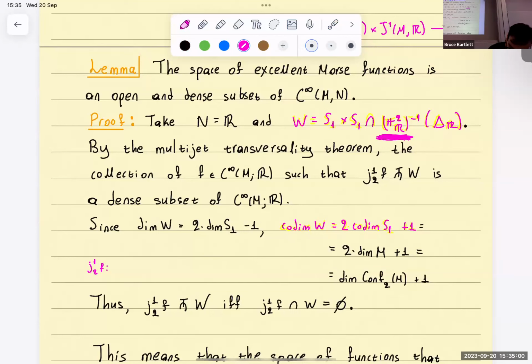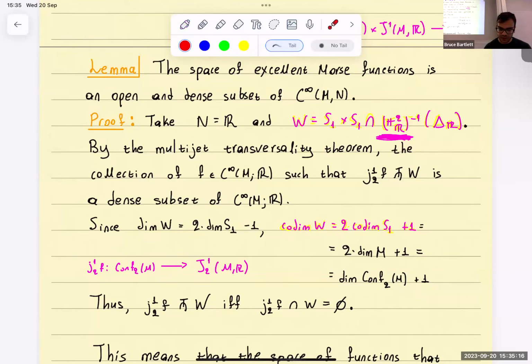J12 of F, remember, is the map from this configuration space of 2 points in M to the twofold one-jet bundle from M to R. So W is something that lives in here.